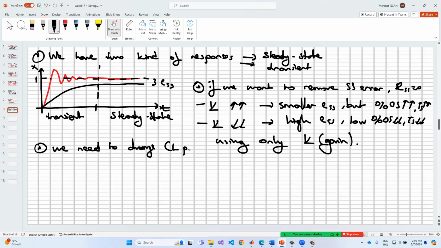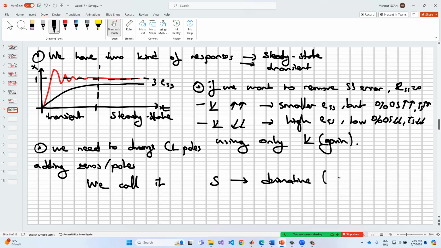The closed loop poles in order to set these two coefficients in here, adding the what? Zeros and the poles, right? And so we call it right now as to what? The derivative term in here. And so this sets the what? The transient response.